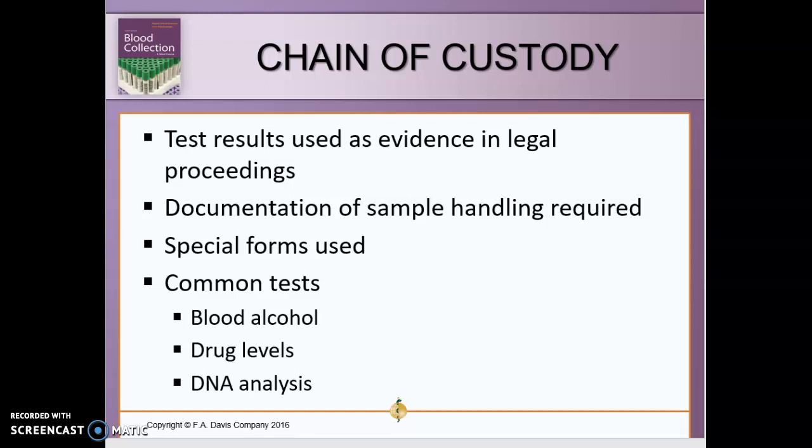The most common tests that we think of when we think of chain of custody are blood alcohol levels, drug levels, and DNA analysis.